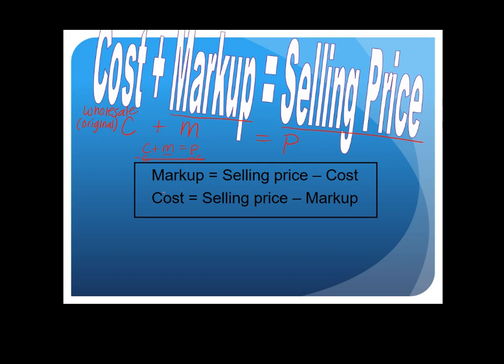If you wanted to know how much something was marked up, you just take the final price and subtract the original price, which is the cost. Similarly, if I wanted to solve for C, I would subtract the M from the other side. So I get this formula: the cost, the original price, is how much they sold it to you at minus how much it was marked up.